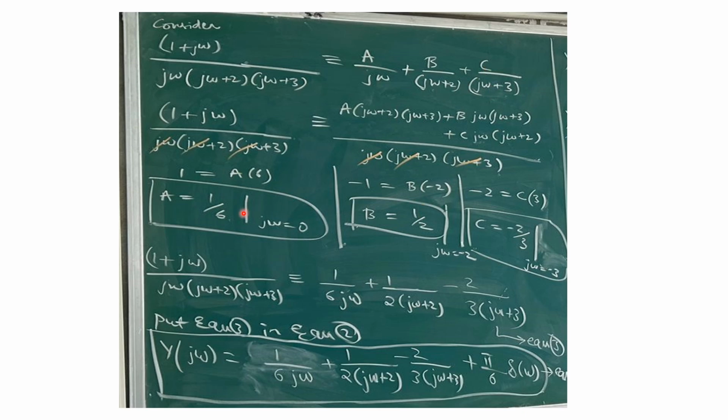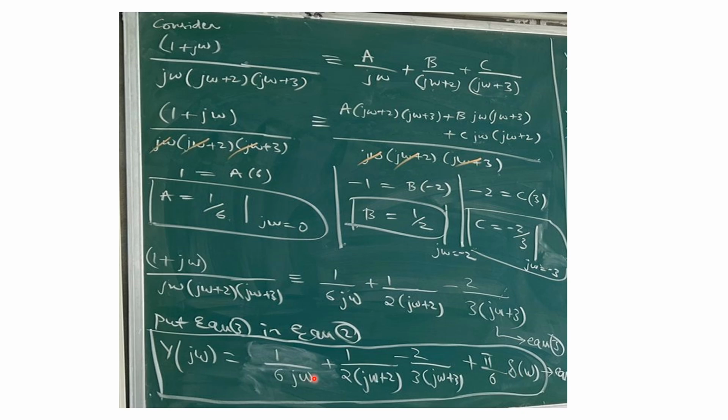Using partial fractions we find the values of A, B, C, and resubstitution of those values gives the independent terms: 1/(6jω) + 1/(2(jω + 2)) − 2/(3(jω + 3)). Substituting this part of the expression in the main equation, we get the value of Y(jω).